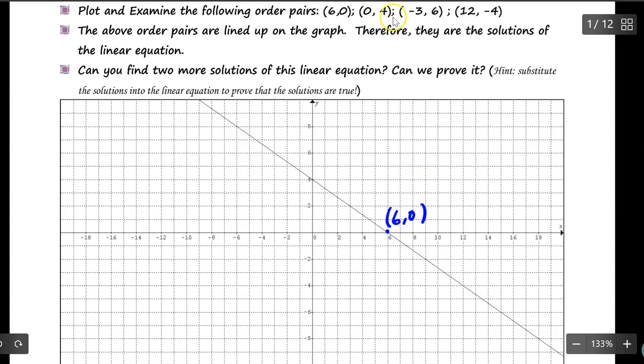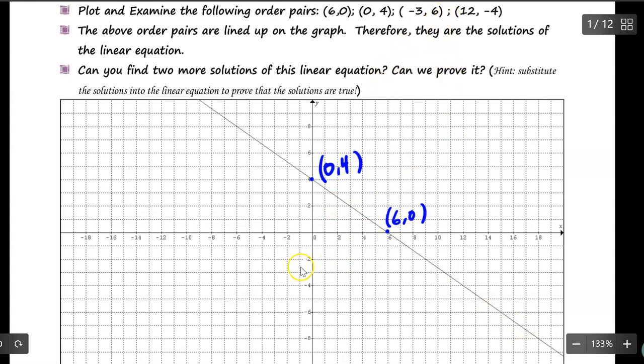The next one is 0 and 4. That means 0 is for x and 4 is for y, which is this point right here. So this is (0, 4). I will see that they are right on the straight line. Now negative 3 and 6.